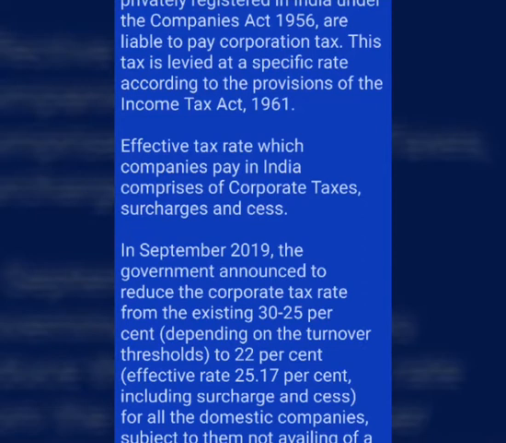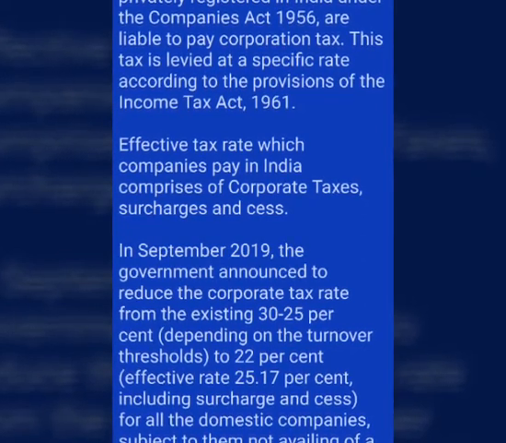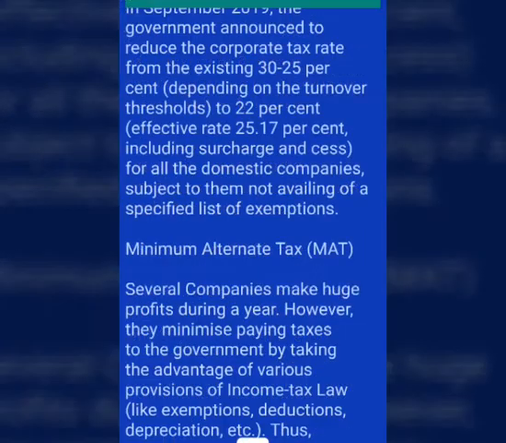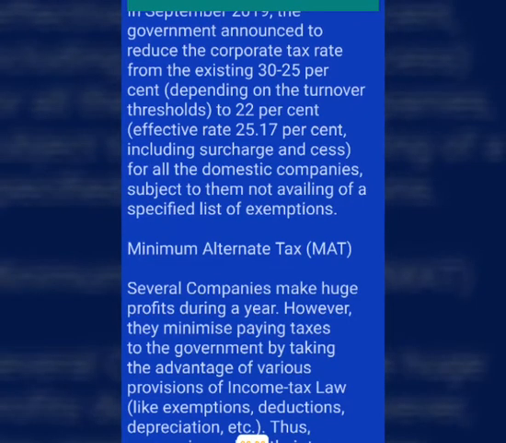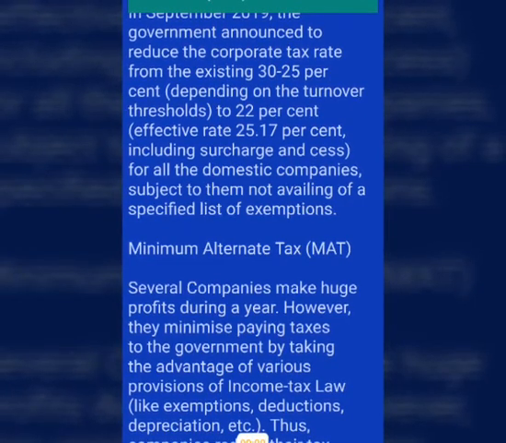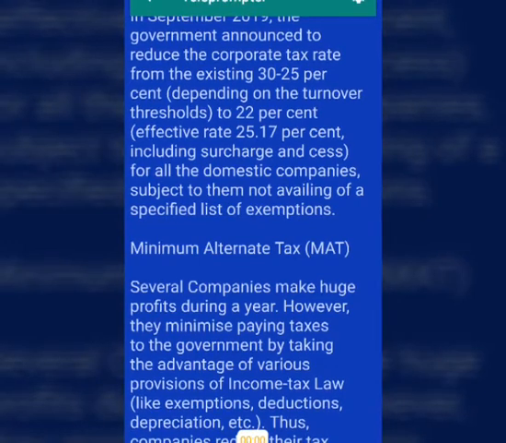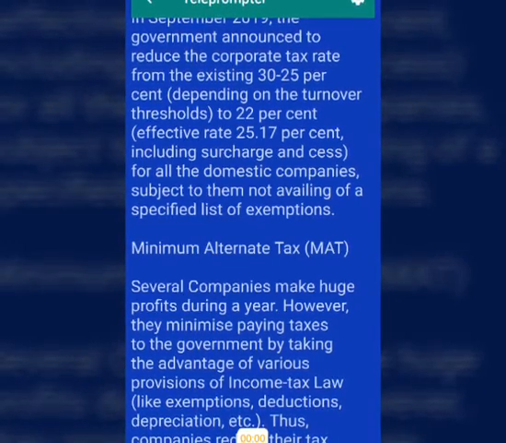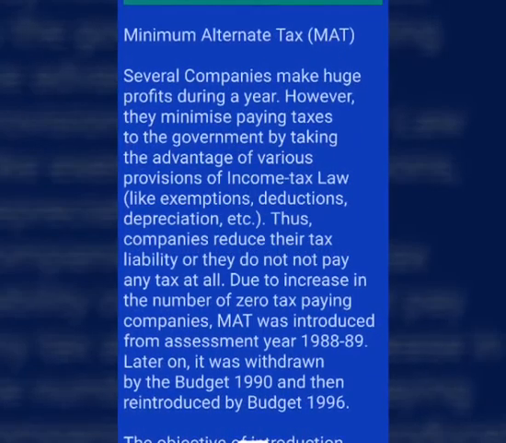Effective tax rate which companies pay in India comprises of corporate taxes, surcharges and cess. In September 2019, the government announced to reduce the corporate tax rate from the existing 30 to 25%, depending on the turnover thresholds, to 22%, effective rate 25.17%, including surcharge and cess, for all the domestic companies, subject to them not availing of a specified list of exemptions.